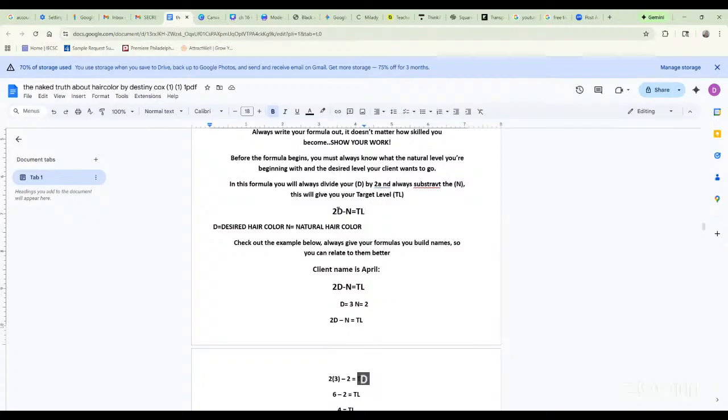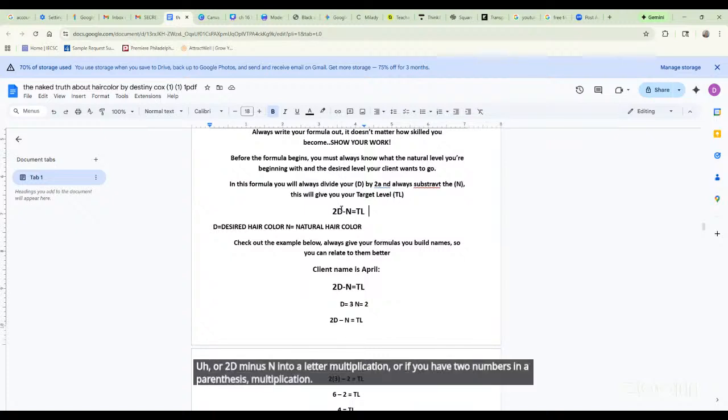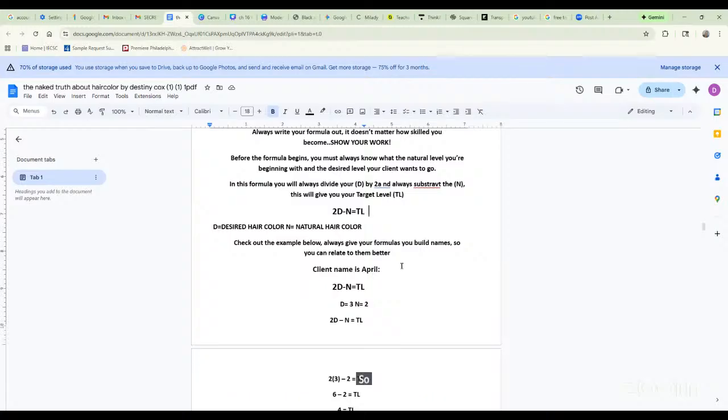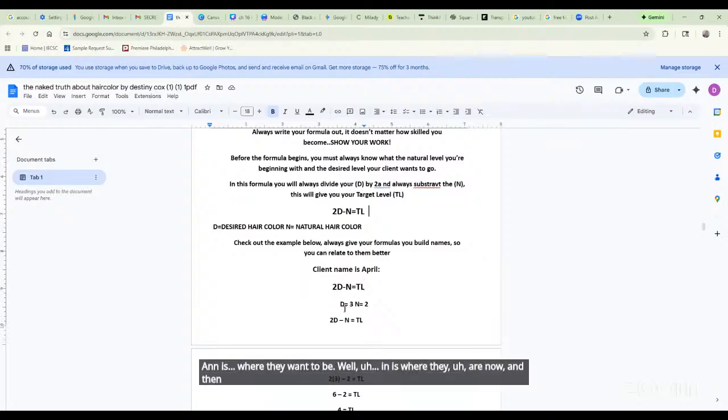2D minus N equals a letter, multiplication, or you have two numbers in a parenthesis, multiplication. So the client name is April. D is for desired. N is where they are now, and D is where they want to go.